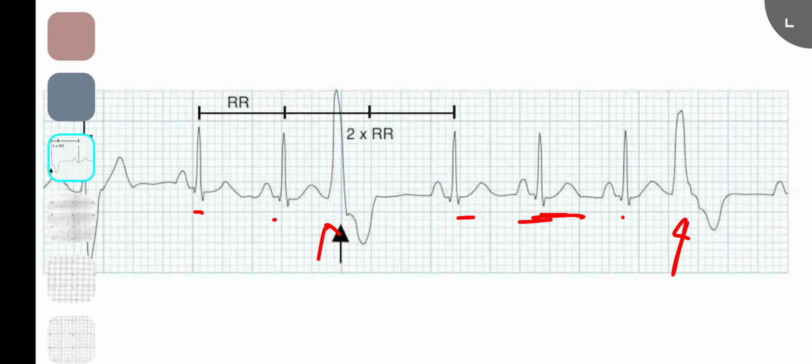If we look into this, it is broader as compared to the normal one, the first thing. Then it is premature. The second thing is, if this is one ventricular contraction and the other is this one, the next one is supposed to come somewhere over here, but it comes earlier.